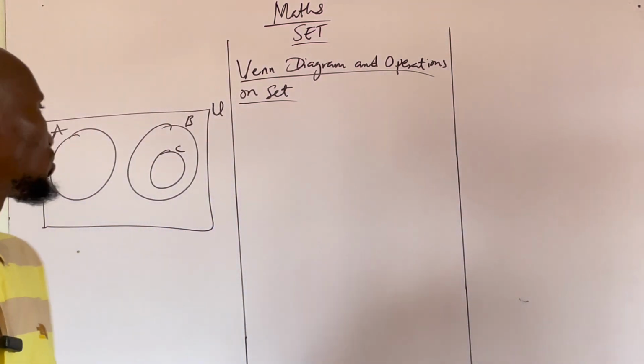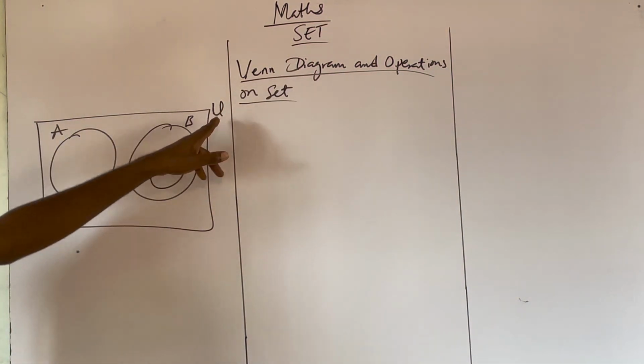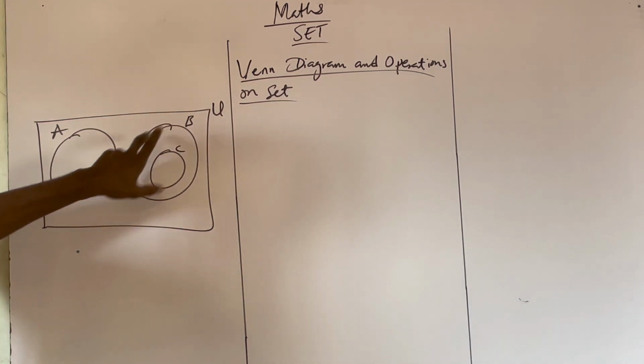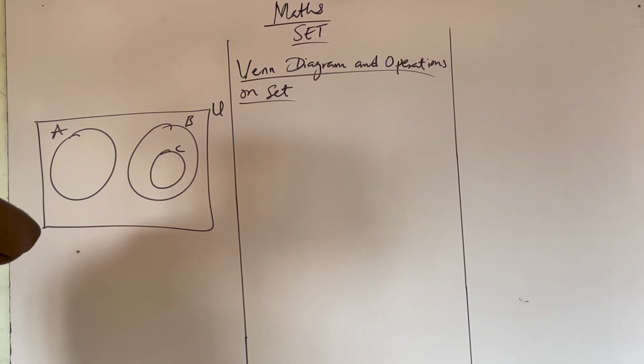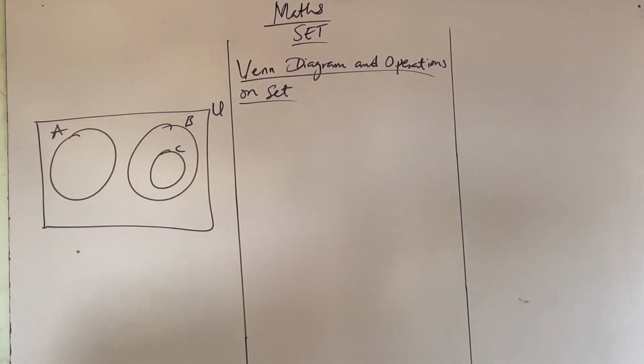So we use a rectangle to represent the Venn diagram, and this place U is the universal set. So inside it we have circles.